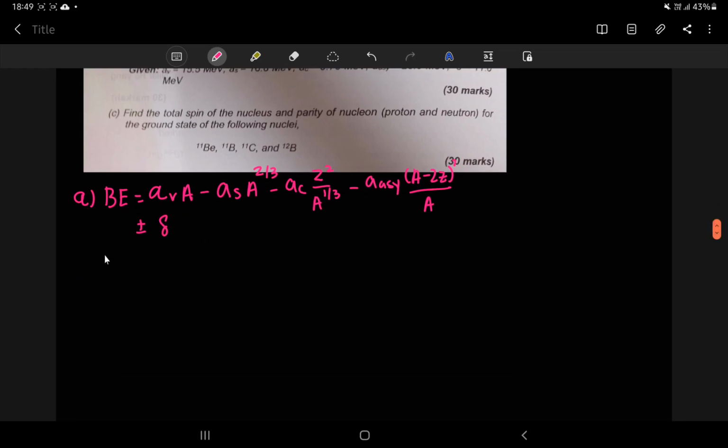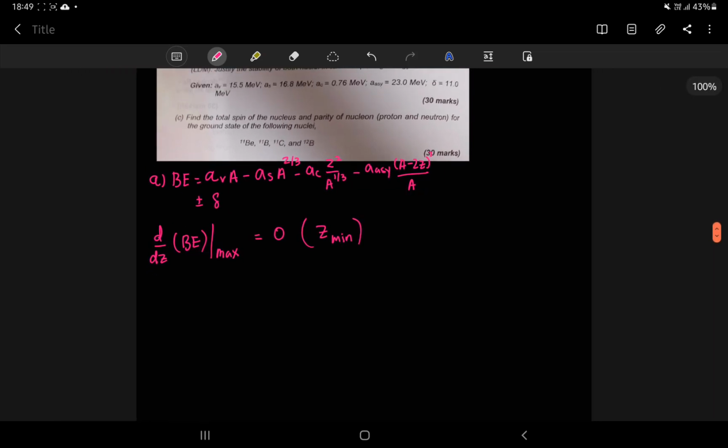Then we need to find dBE over dZ, which is maximized, meaning this is set to zero.